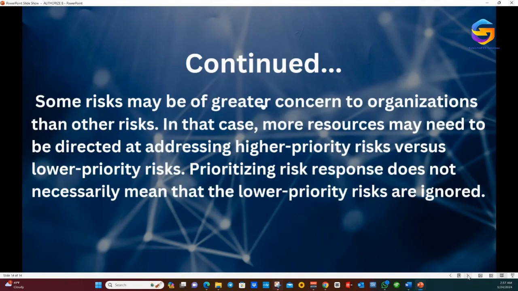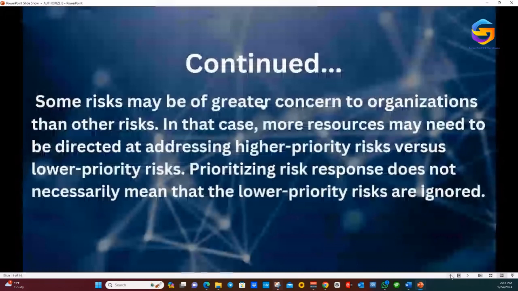Some risks may be of greater concern for organizations than other risks. In that case, more resources may need to be redirected at addressing higher priority risks versus lower priority risks. Prioritizing risk response does not necessarily mean that the lower priority risks are ignored.